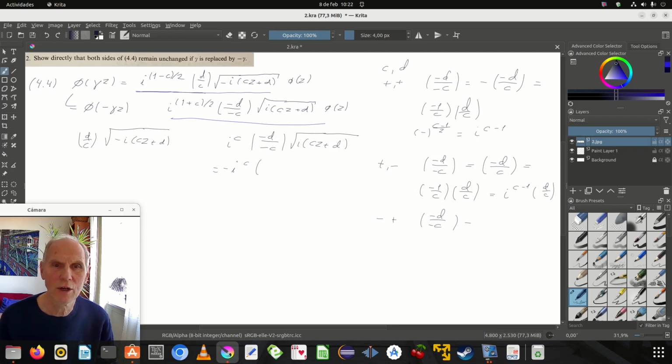Oh yes, when c is negative, then this is negative and d is negative, so it does change sign. So when we are here, we have the negative c and the negative d, so it's a change of sign. So we get the same.